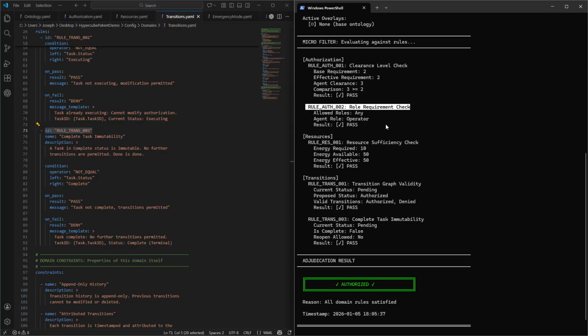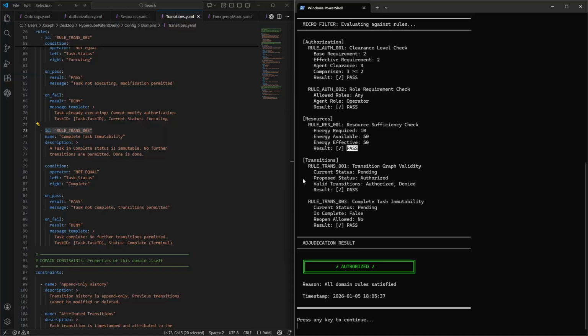RES 001 checks, is 10 less than or equal to 50? This is a pass. Rule trans 001: is pending to authorized a valid transition in the graph? If so, pass.